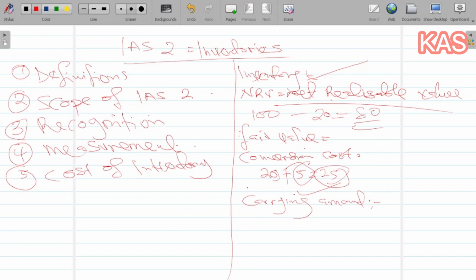Let's say you have an asset which is 1 million naira, and you have depreciation of 200,000 naira. So 1 million minus 200,000, you have 800,000. So this 800,000 is your carrying amount. That is what this is saying. Now we are going to look at another one, which is impairment loss.